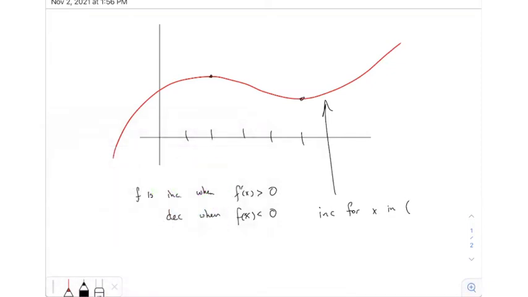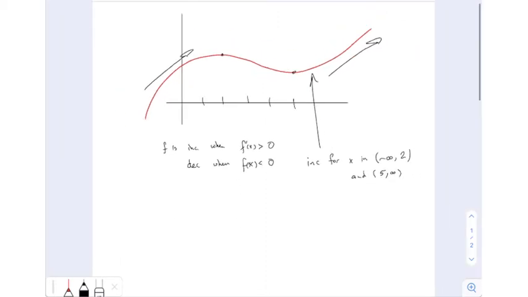That would be here and also here, right? So in terms of intervals of x values, that would be minus infinity to 2. That's this part over here. And then also this part over here is 1, 2, 3, 4, 5. 5 to infinity, right? Everything greater than 5.